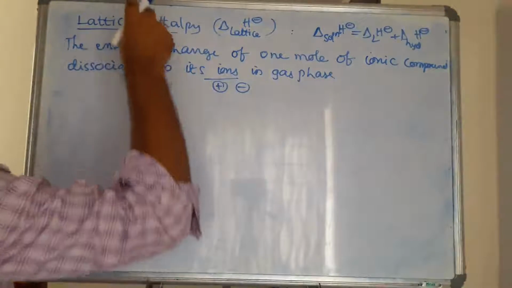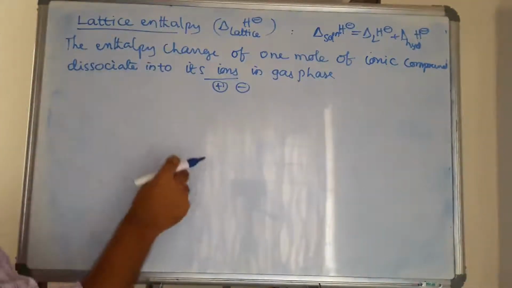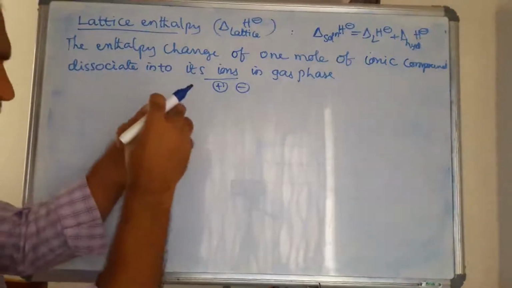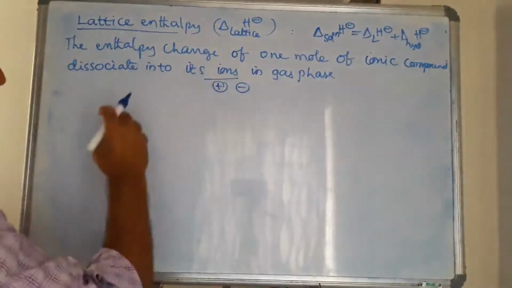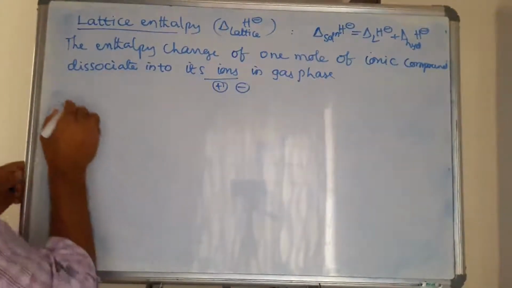Now, when salt is added into the water, that time lattice enthalpy is always positive, because in solvent the ions are separated into cation and anion. Later it is hydrated. That you have to remember.